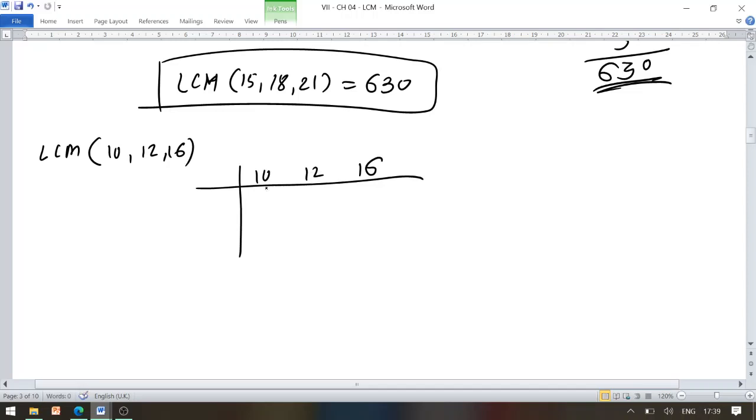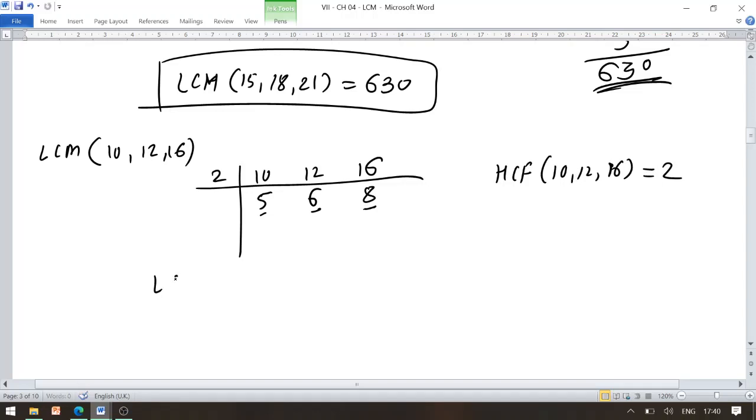There is one common divisor of all three numbers, that is 2. 2 fives are 10, 2 sixes are 12, 2 eights are 16. Now there is none of the common divisors that should divide 5, 6 and 8 simultaneously. Our vertical division is finished. So the HCF of 10, 12 and 16 is 2.